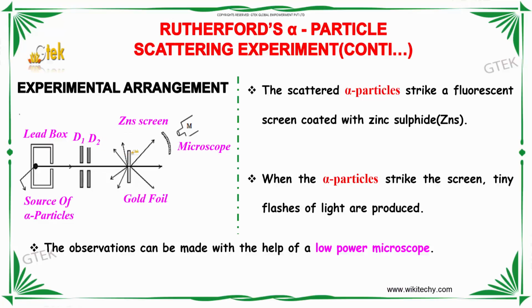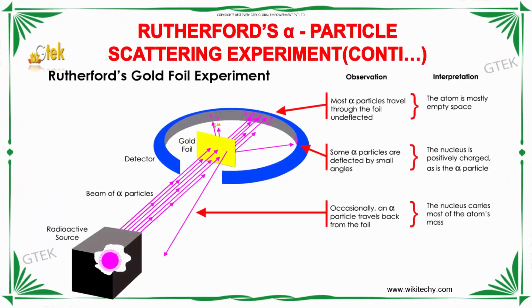The scattered alpha particles strike a fluorescent screen, which is coated with zinc sulfide. When the alpha particle strikes the screen, tiny flashes of light are produced. The observation can be made with the help of a low power microscope. So this is how the Rutherford alpha particle scattering experiment is done.